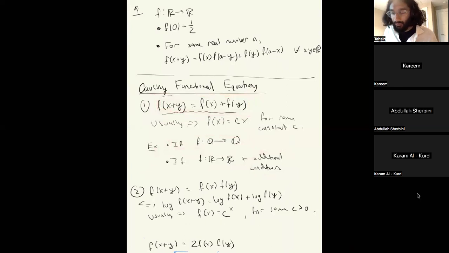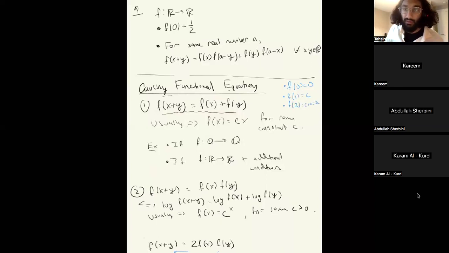And how can we do it by induction? That's a good question. First you do it for the integers. I say f of 0 equals 0 because I plug in x equals y equals 0. Then f of 1 equals c, f of 2 equals c plus c equals 2c, and so on.